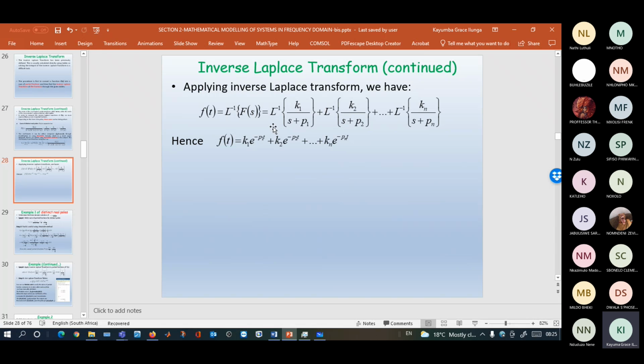After replacing, you will have simple functions to which you can easily apply the inverse Laplace transform, so you can get your answer. So this is how your answer is going to look like. When you have k, the inverse Laplace transform will always give you the numerator times e to the minus, according to what you have as a denominator.